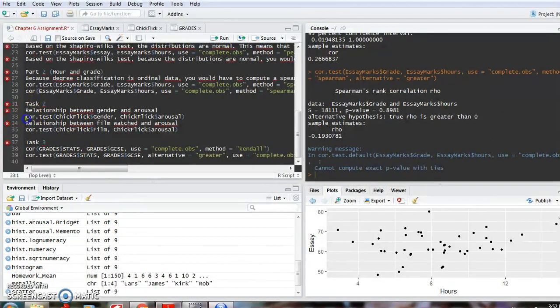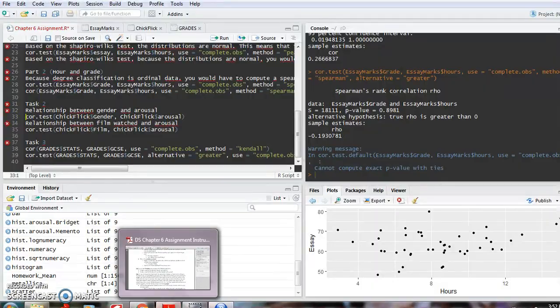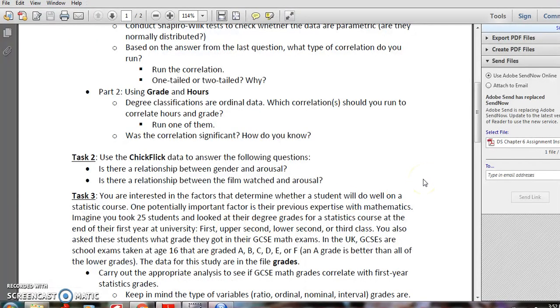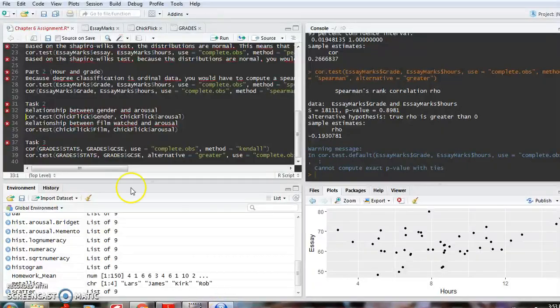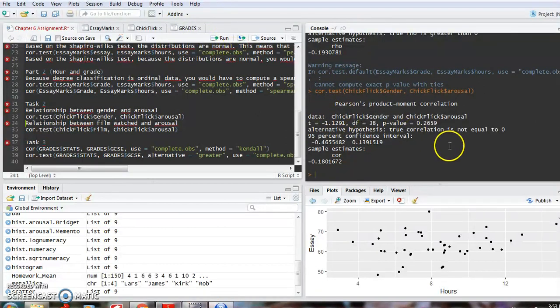Task 2. Going back here, we have to use the Chick-fil-A data to answer the following questions. The first question is: is there a relationship between gender and arousal? We're going to run a correlation test between these two variables.